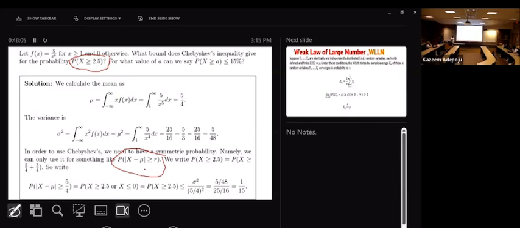If it is less than, that will be greater or equal to 1 minus 1 over k squared, because right here they're talking about greater than, right? That is the reason. So you can see, now I got sigma squared divided by k squared. Take a look at that. And the result is 1 over 15, for the Chebyshev.